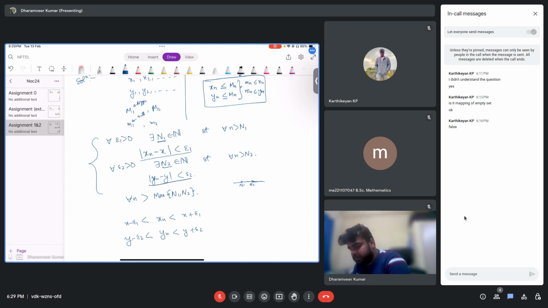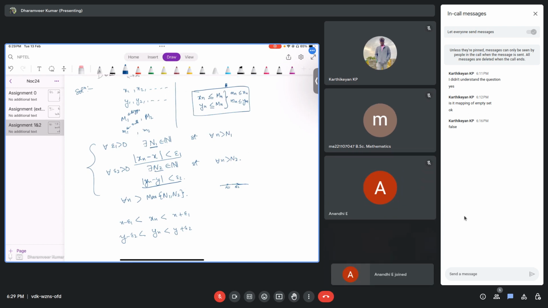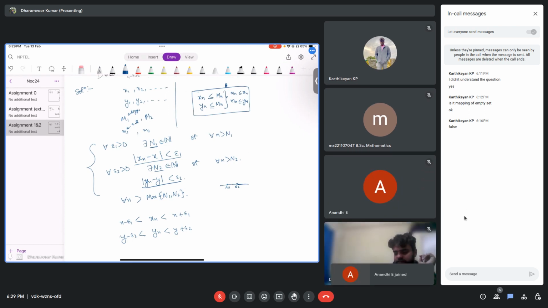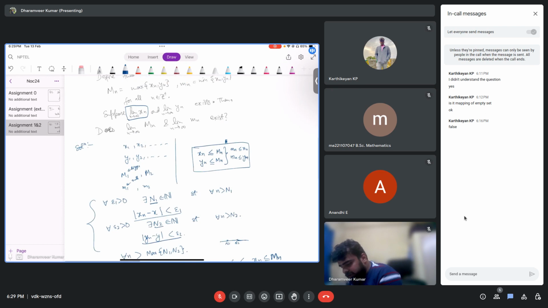Just try to think with it. There is a very simple answer to this, but do you think we can work with this? Because if we substitute only this, we get something about mn in x, nothing else. We need bounds on both sides, right? We need the mod of this. We don't get anything. We know that there are only two values, so we need stronger conditions on this.